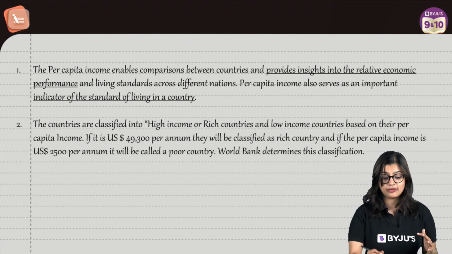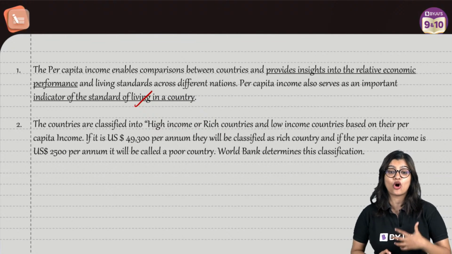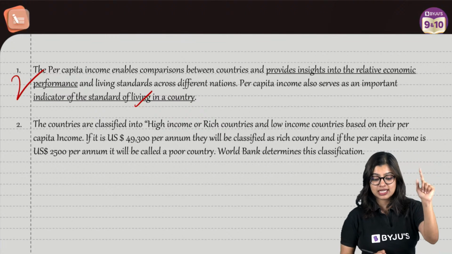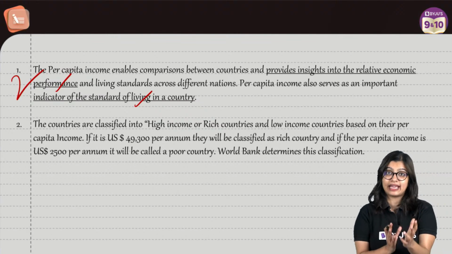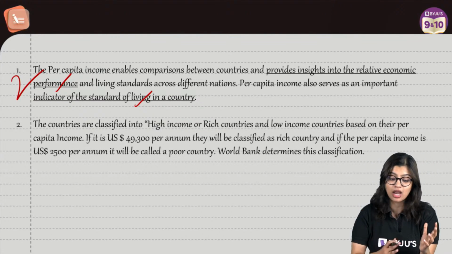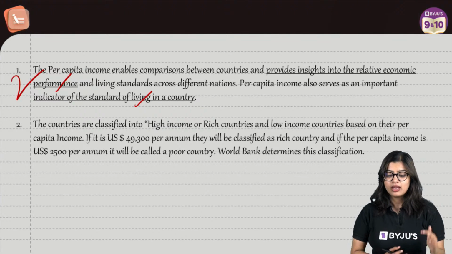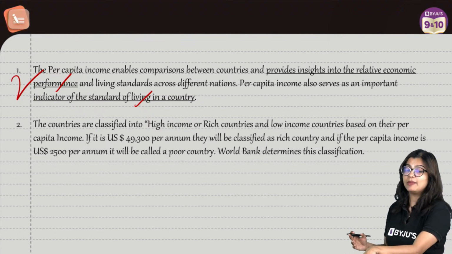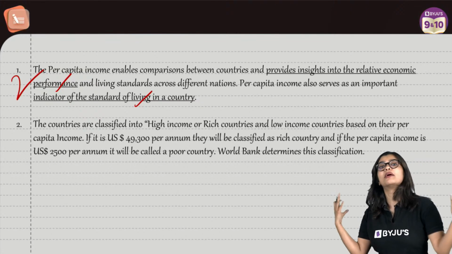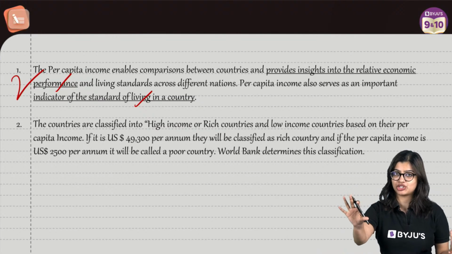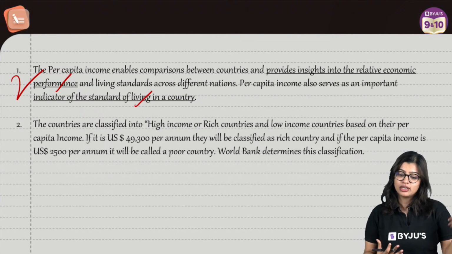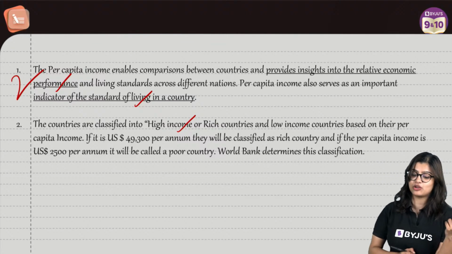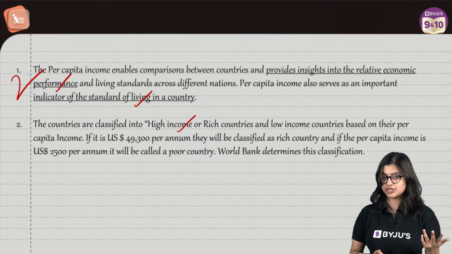Based on that, we also get an idea of the standard of living. Exactly. So you have to write 2 points. It gives us an idea of how the country is with respect to other nations, along with the standard of living. Now, the World Bank determines this based on average income; they generate a report, right? And based on that, we have high income countries, middle income, and lower income or poor countries, right?